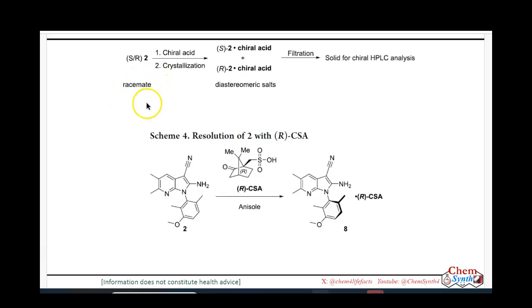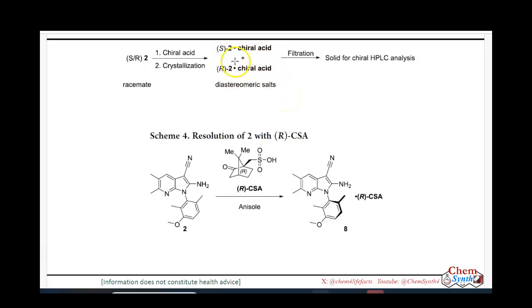So the approach was like they would take a racemate compound 2. Compound 2, here is the structure you can see. So this is the nitrile step molecule, and they would treat with some chiral acid so that it can form two different diastereomeric salts.